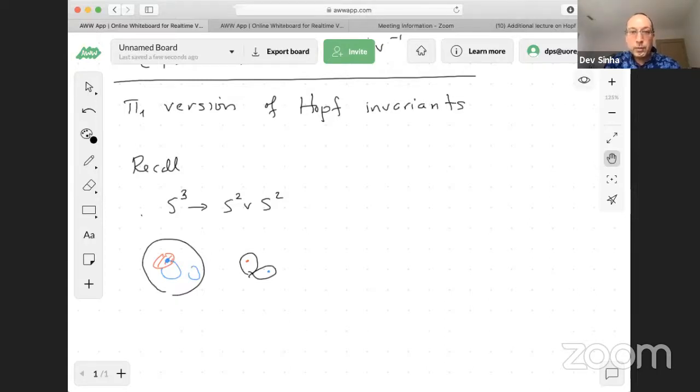So let me also make sure: the Hopf invariant actually goes to, well, I'm going to take d inverse of the preimage of, so if this is little p, and that's big P, and this is little q, and that's big Q, I'm going to cobound P and intersect Q.